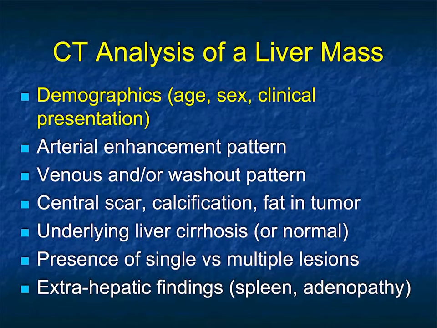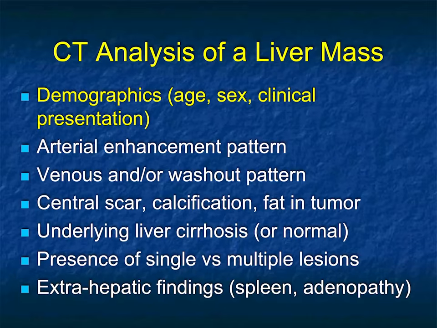Now, if I was teaching a computer to look at a CT of the liver, what would I teach the computer? First of all, look at the demographics of the patient. What you're going to see in an 8-year-old or a 78-year-old is different. A big mass might be a hepatoblastoma in an 8-year-old, and in a 70-year-old, hepatoma or metastatic colon cancer.